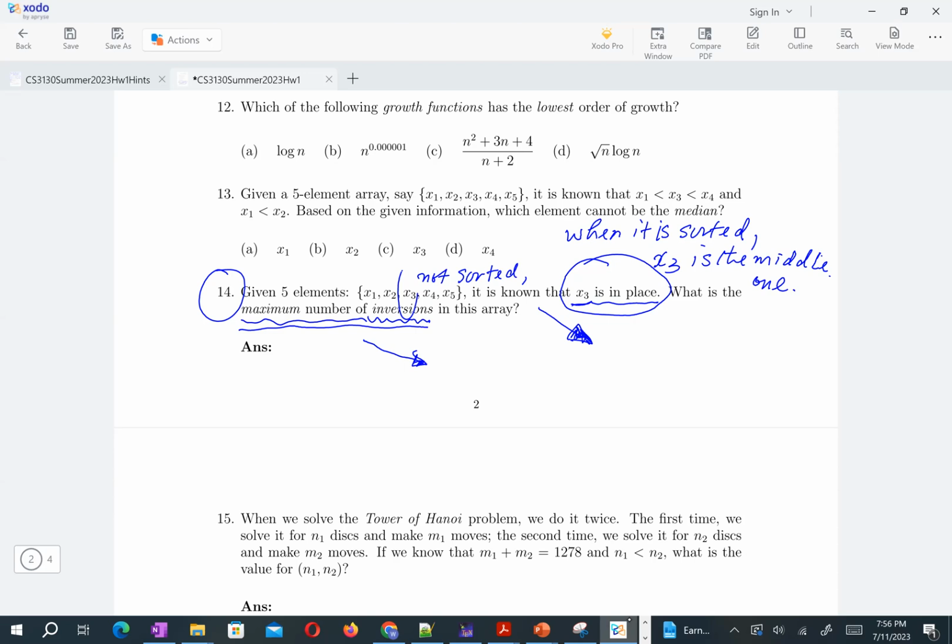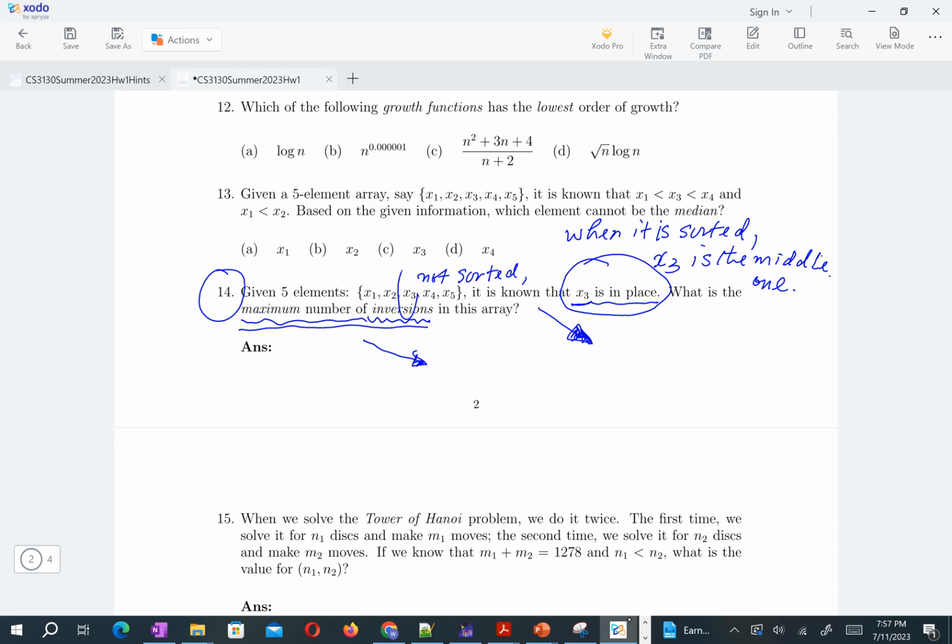But that has nothing to do with inversions or not. You could still have inversions related to x3. For example, there could be an inversion between x1 and x3, and an inversion between x3 and x5.